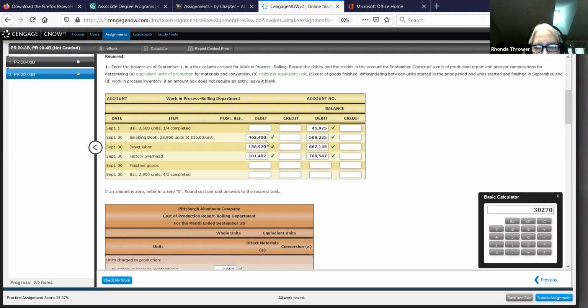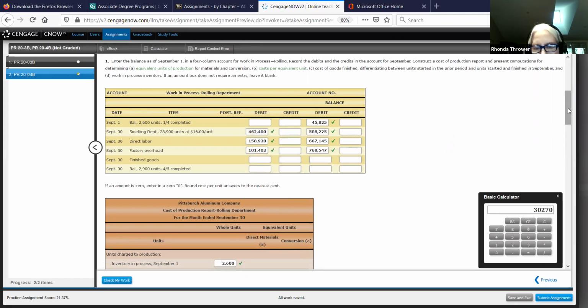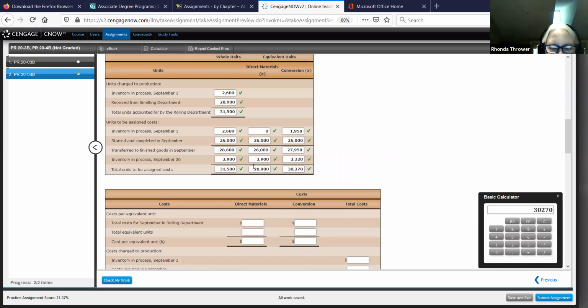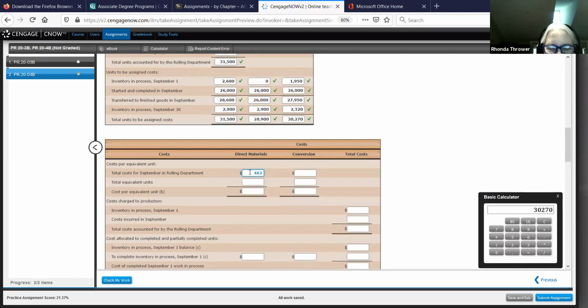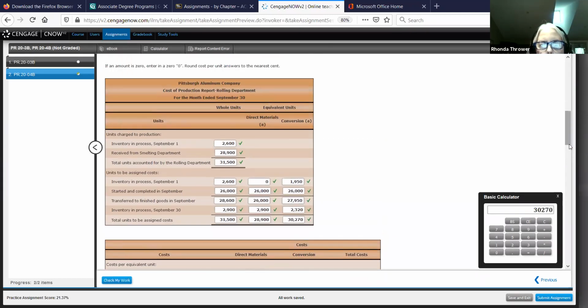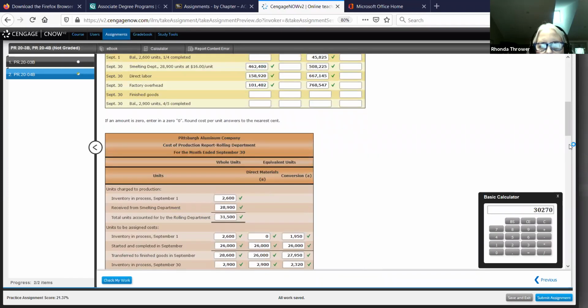But the amount of direct materials, the cost was $462,400. This was given to you. So it's 462,400.